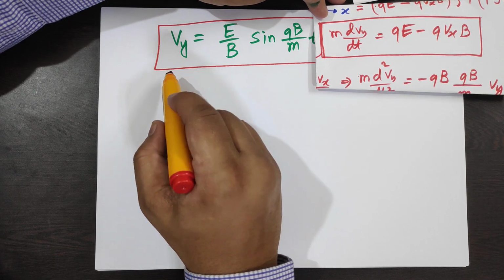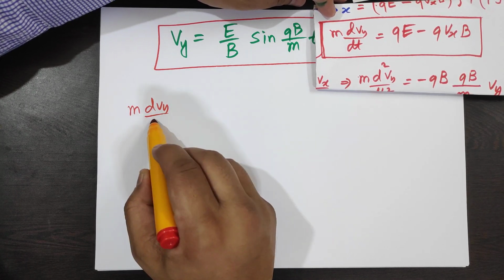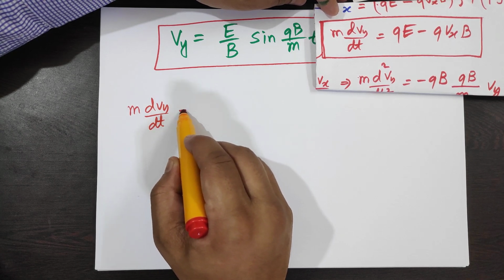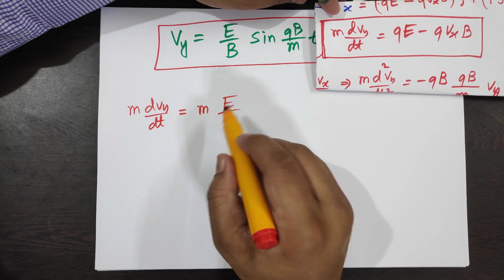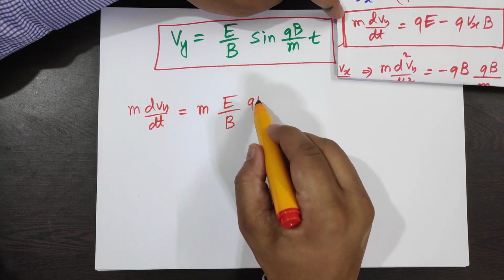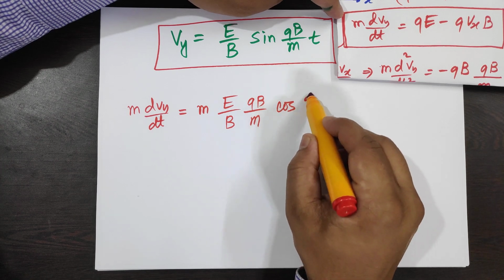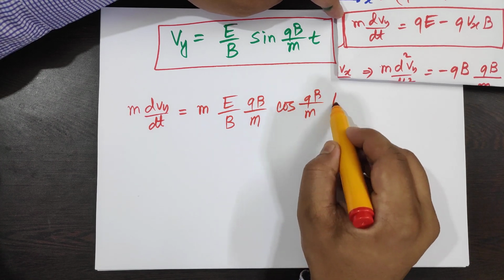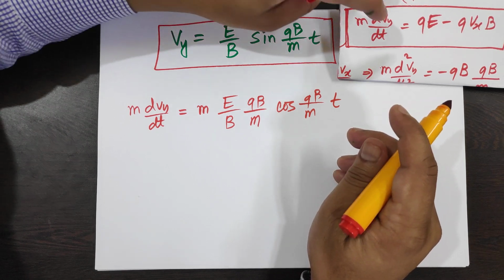So m dVy/dt is equal to m into E by B, again qB by m cos qB by m times t. Now what else?